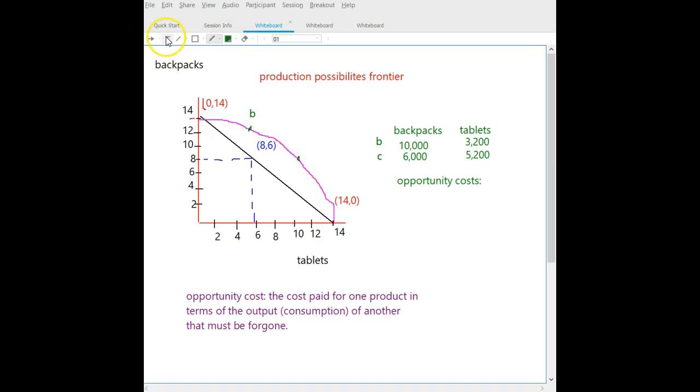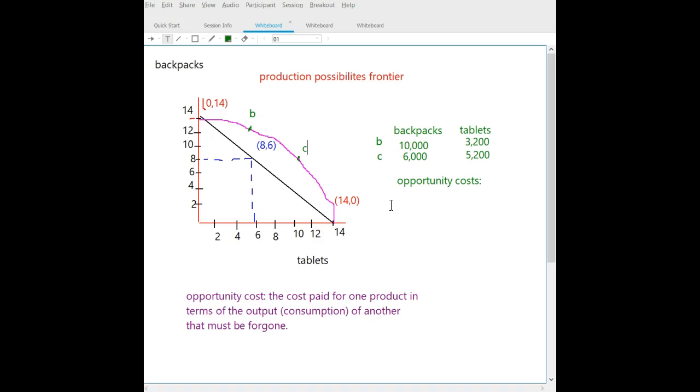And the numbers here are not drawn to scale, so just be mindful of that as we go forward with this.